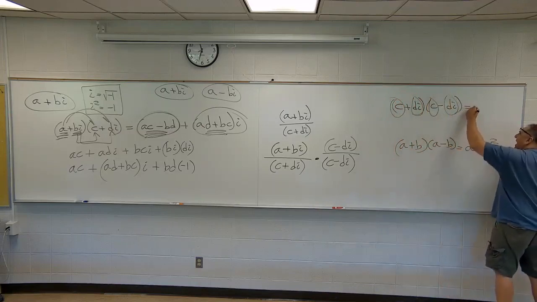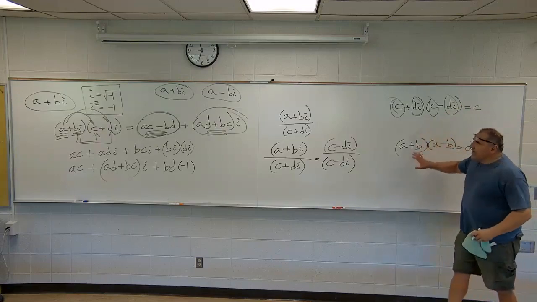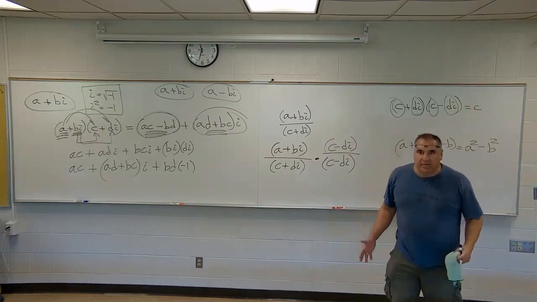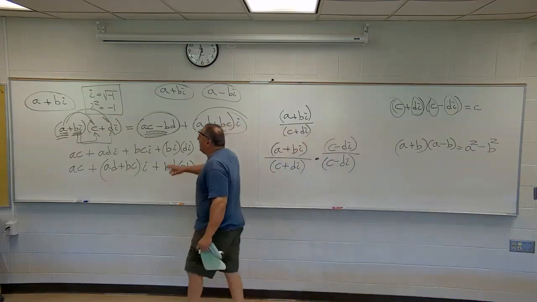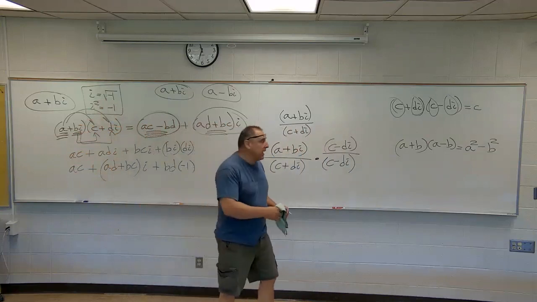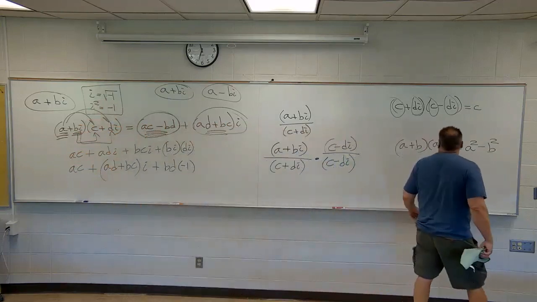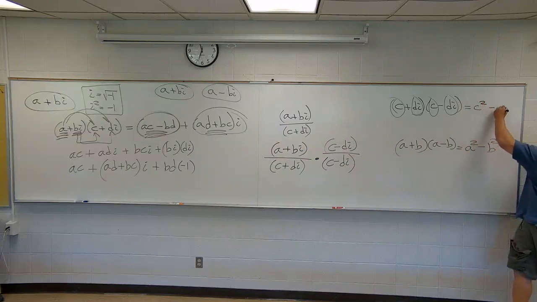So according to that logic, if you grind this out, you can also just do these guys and pretend you're just dealing with letters. And then at the end, be aware of the reality that I is the square root of -1 and I squared is equal to -1. You got C squared minus the quantity di squared. Remember, it's A squared minus B squared.